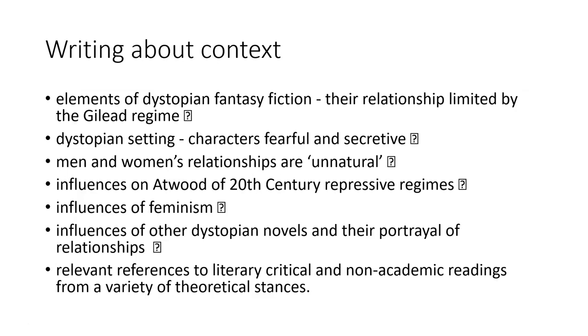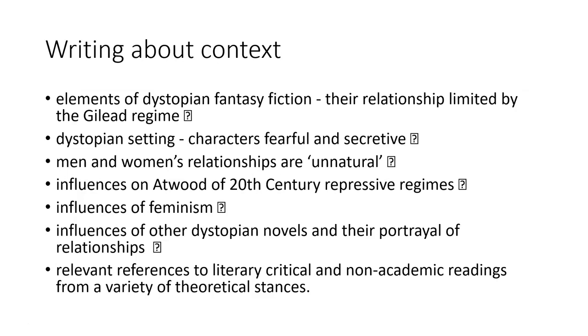You've got relevant references to literary critical and non-academic readings from a variety of theoretical stances. And I've sent you recently some reading that I asked you to do about Atwood, so you could include that. You could include the fact, and it would be particularly useful for context, that one, okay? Because it's talking about Trump and the new world that we found ourselves in and why perhaps the book was serialised.